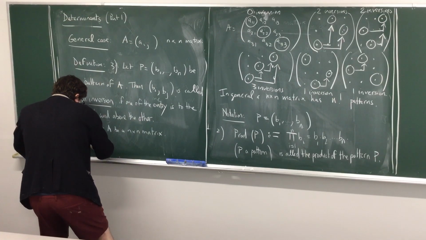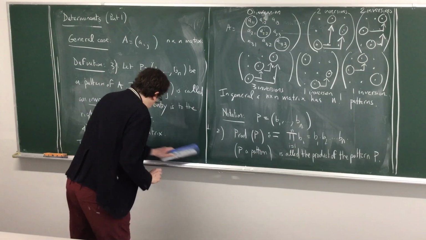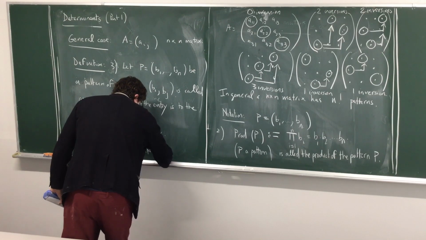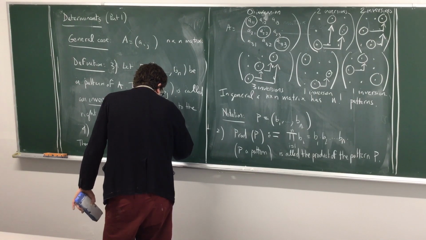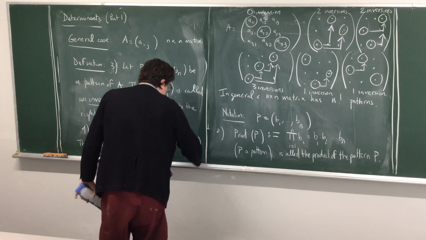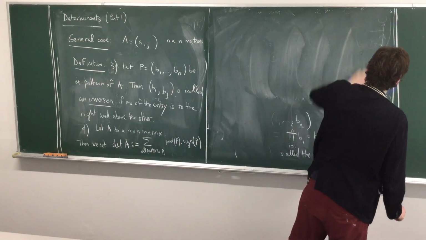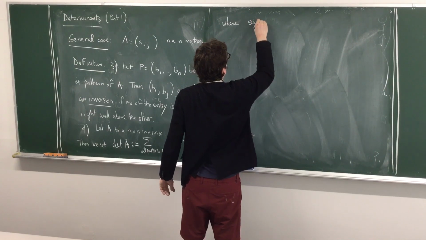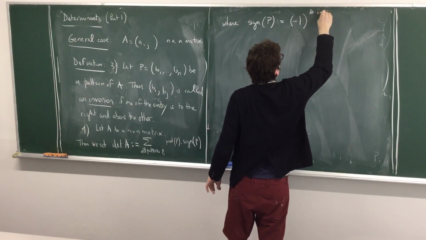Then we set the determinant of A equal to the sum over all patterns P. You do the summation over all possible patterns, and you take the product of P times the sign of P. So I need to define what the sign is, where the sign of P is, by definition, (-1) to the number of inversions.